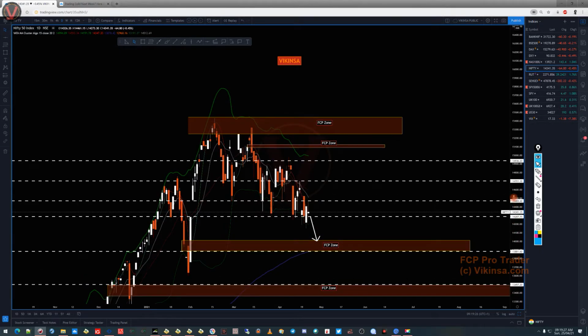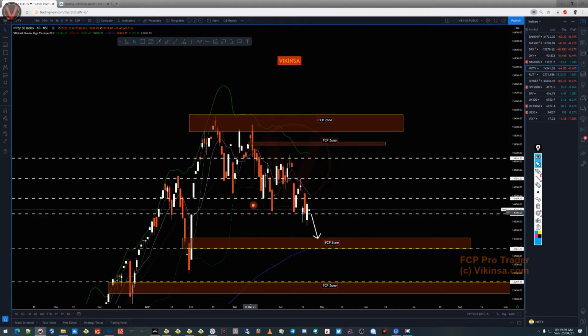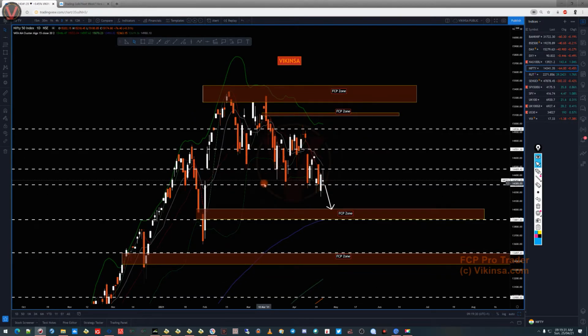This makes more sense if you are a short-term trader, a short-term swing trader, not a position holder or anything like that. But this is looking like a very good scenario, and this is also for traders who are looking for channels and those sort of things. Let me quickly give you that.